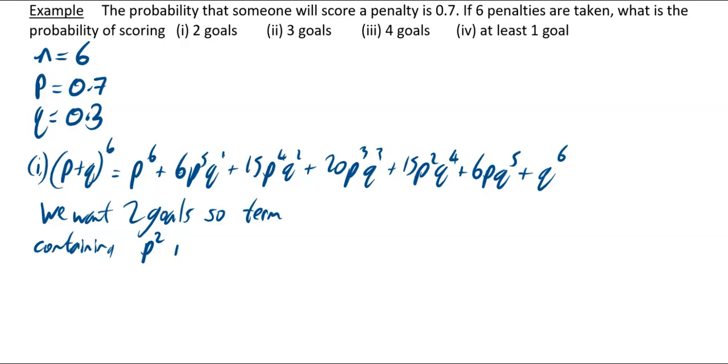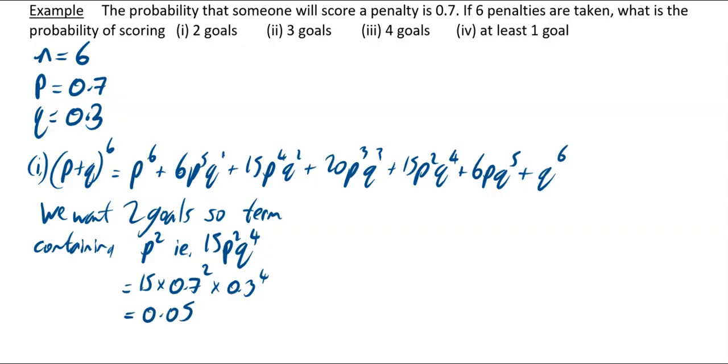The term containing p to the power of 2 is 15 p squared q to the power of 4, which is equal to 15 times, our p was 0.7 squared, our q was 0.3 to the power of 4, and you do that on your calculator, you will get 0.059535, which works out as 0.0595 to 3 sig figs.